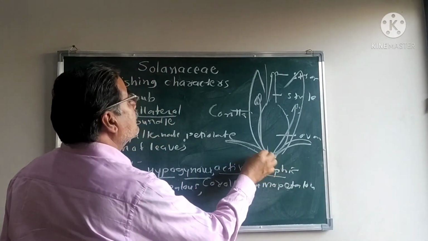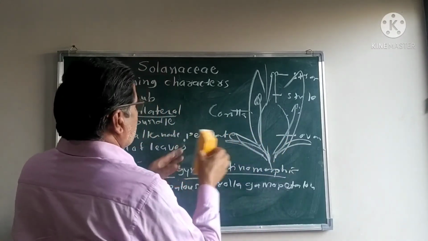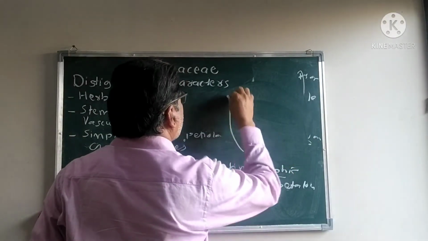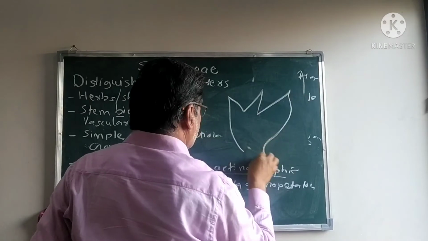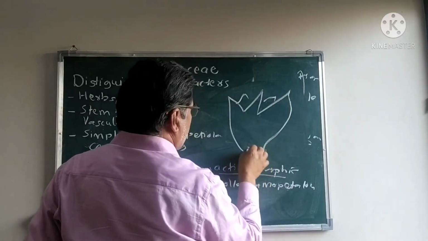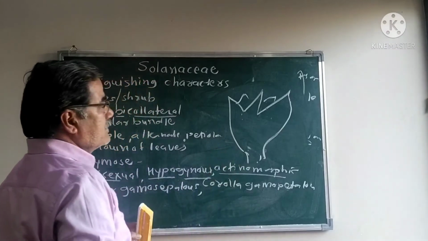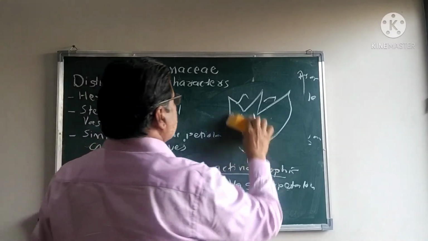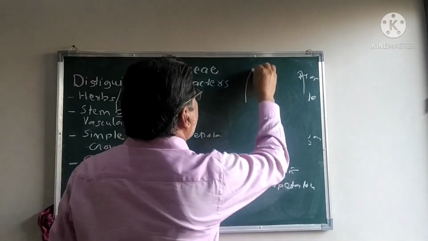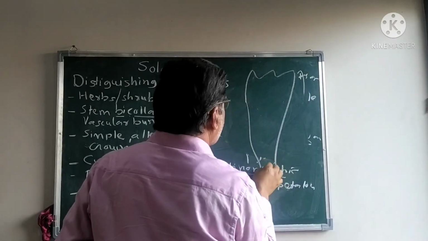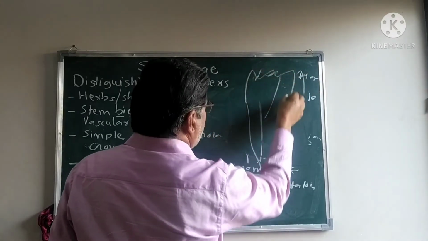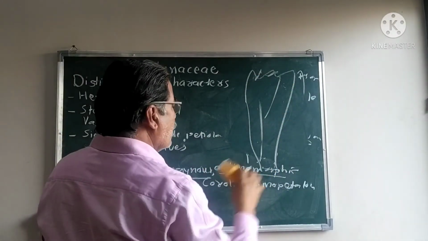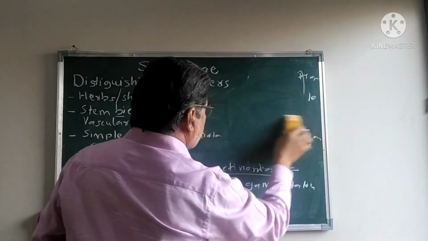Here there are 4 sepals, and the sepals are fused to each other. That is gamosepalous. The petals are again fused, joined to each other. They are known as gamopetalous.